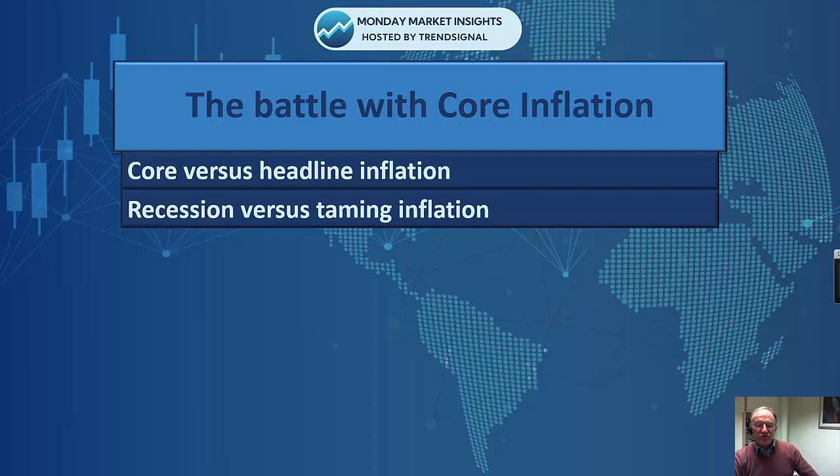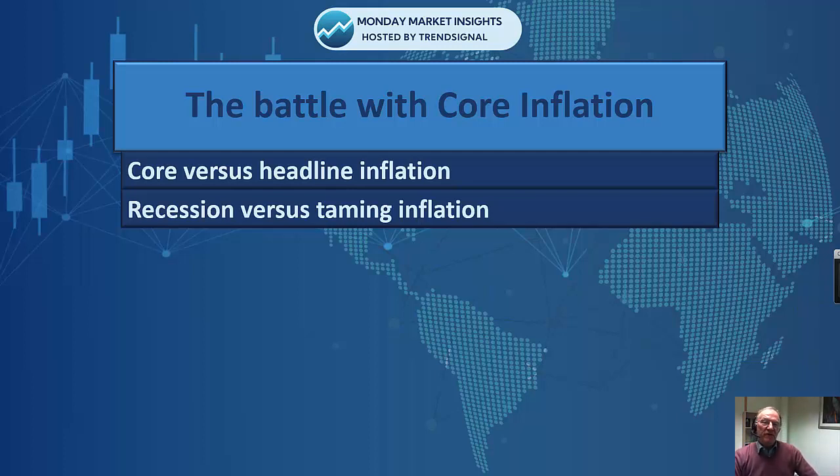Already, core inflation is appearing more stubborn to the effects of current rate rises, and it's the measure that central bankers are most worried about. We've already seen it in the US with a fall in inflation the previous month. We've got inflation data out this week in the US, and it's something that central banks will be focusing on, the core rate, not the headline rate.